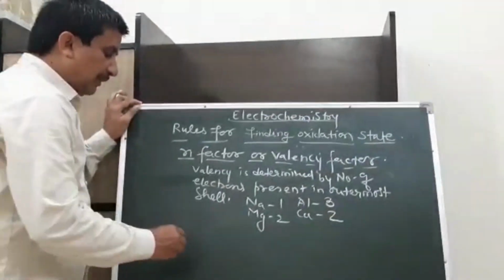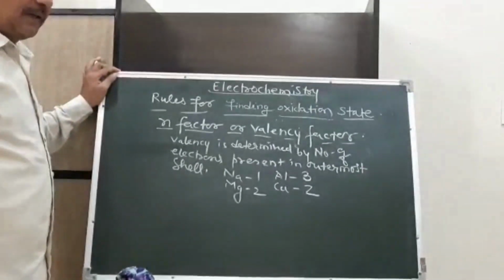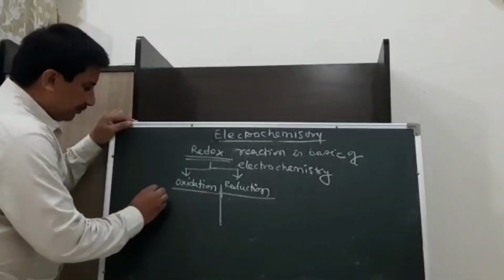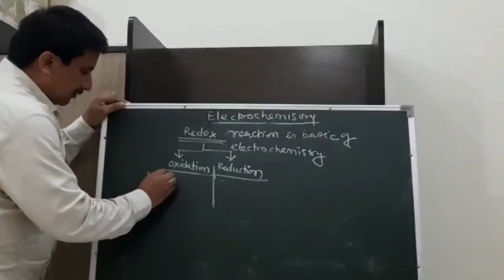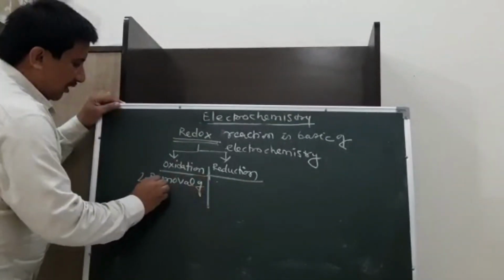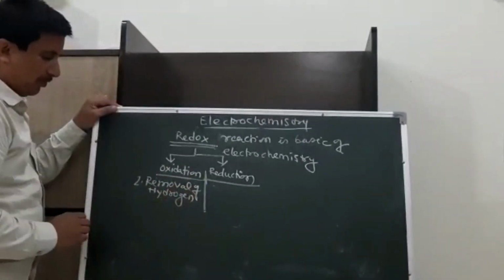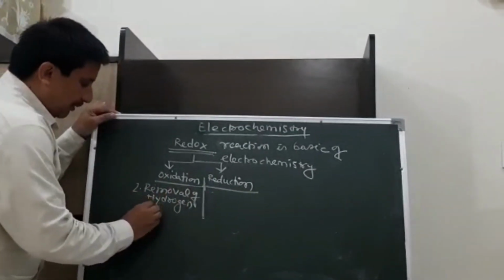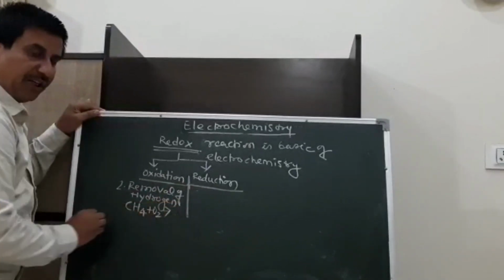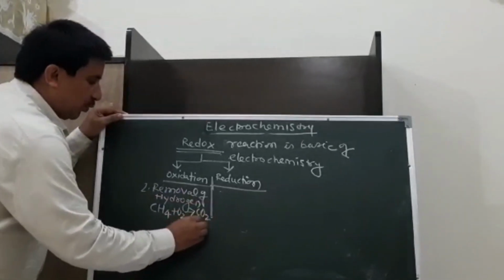Now we see, for removal of hydrogen, the example that may be taken is, suppose we are burning methane gas, CH4 plus O2 giving us CO2 plus H2.